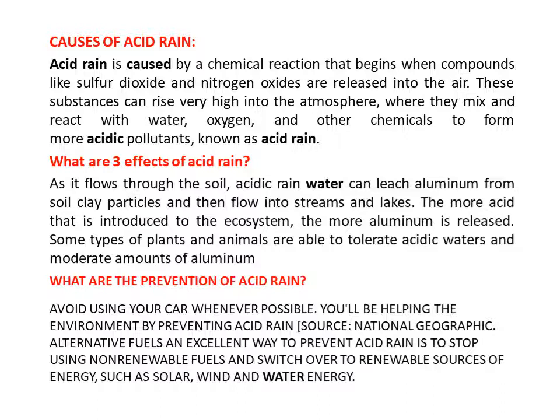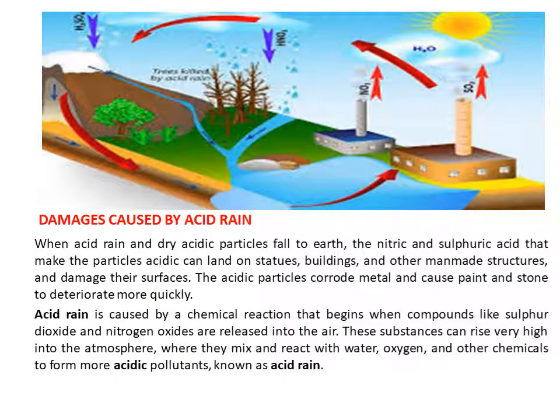An excellent way to prevent acid rain is to stop using non-renewable fuels and switch over to renewable sources of energy such as solar, wind and water energy.